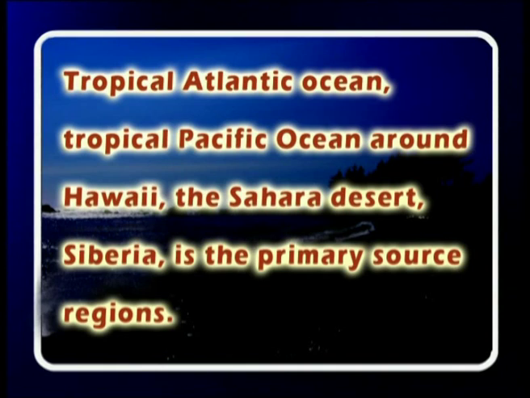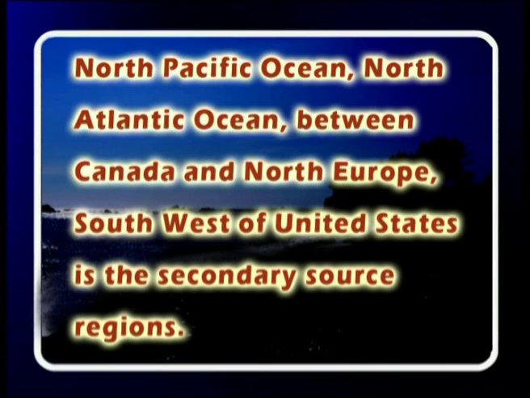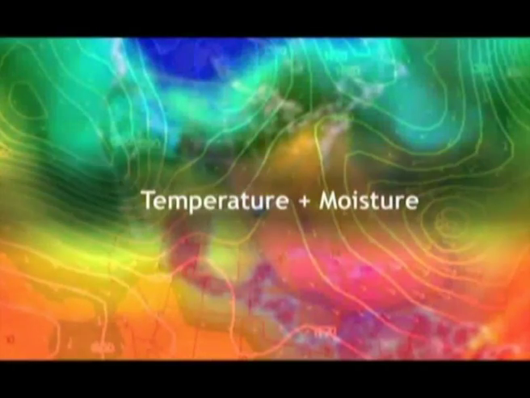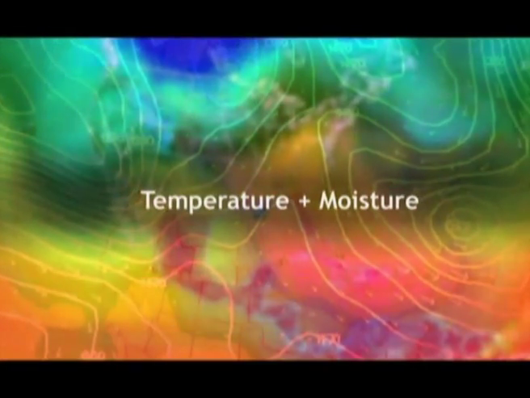The tropical Atlantic Ocean, the tropical Pacific Ocean around Hawaii, the Sahara Desert, and Siberia are the primary source regions. The North Pacific Ocean, the North Atlantic Ocean between Canada and North Europe, and the southwest of the United States are the secondary source regions. Air masses normally migrate from their source regions to other regions.